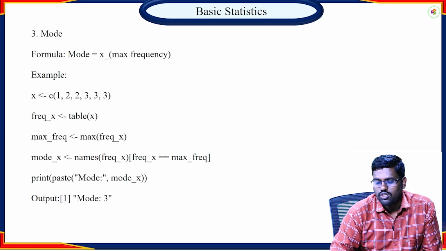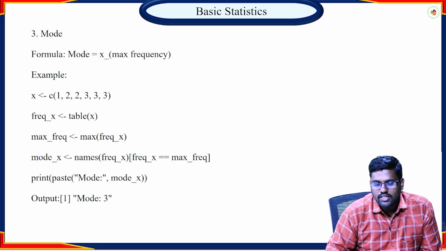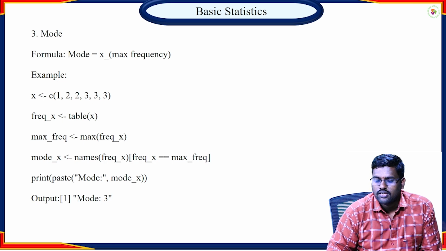Next one is mode. Mode is used to check the maximum frequency, that means the number of times a given value occurs. We have taken the x value containing the values 1, 2, 2, 3, 3, 3. The table of x shows the frequency of each value. The max frequency of x is 3.